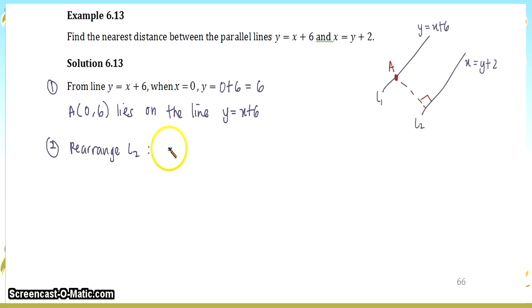Given that we have x equals y plus 2, rearrange this, we get x minus y minus 2 equals 0. From here, we know that A is 1, B is negative 1, and C is negative 2.